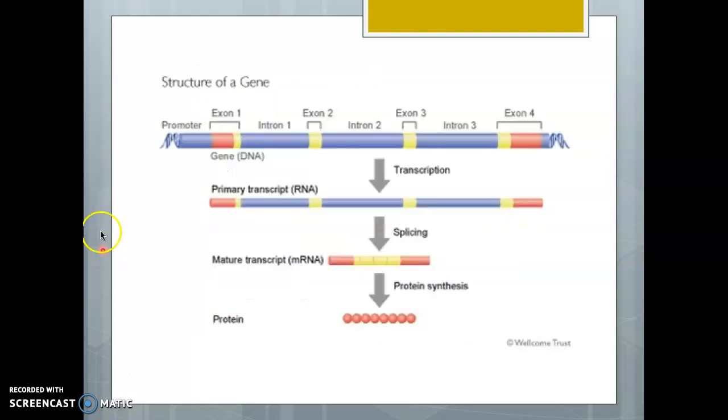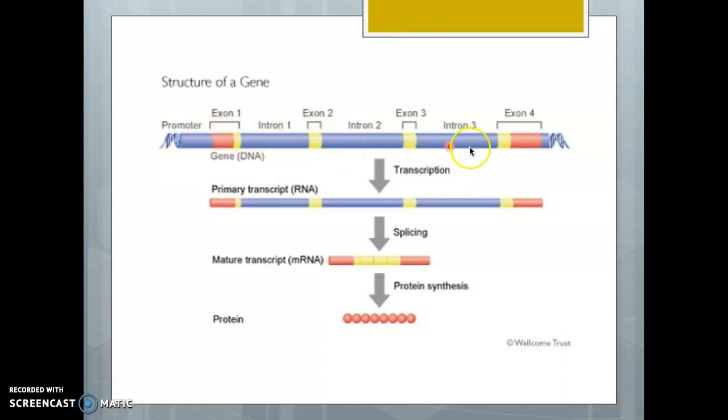Here's a picture. In this picture, the exons, remember the exons are the good ones, so the red and the yellow you want to keep. The blue is the part that you're going to get rid of. But in the process of transcription, none of that matters.